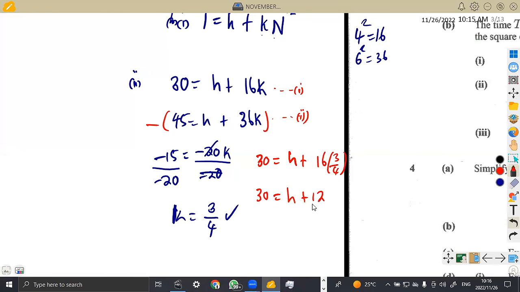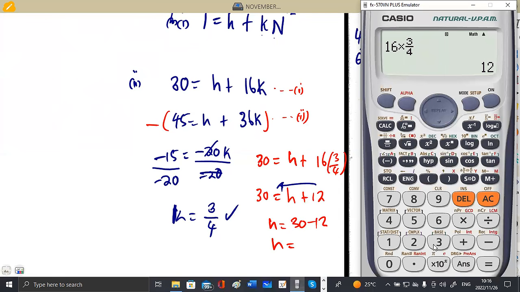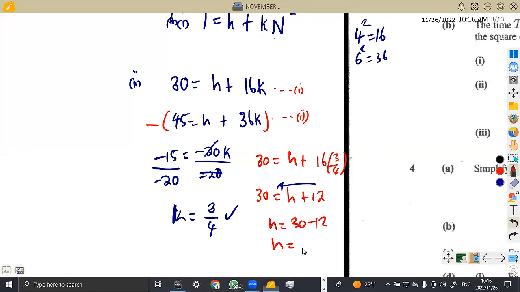So this is h plus 12. To find h, we can transpose 12 to the other side of the equation, and that will be a minus. So h is equivalent to 30 minus 12, which is 18. So h is 18, k being 3 over 4.